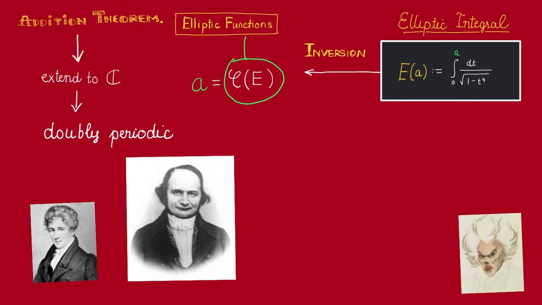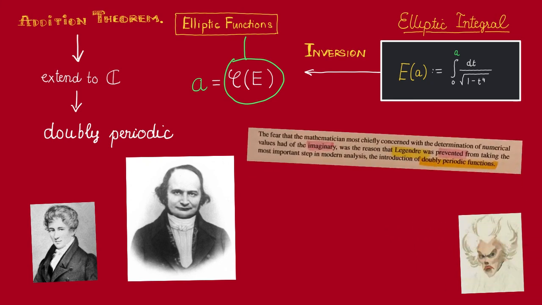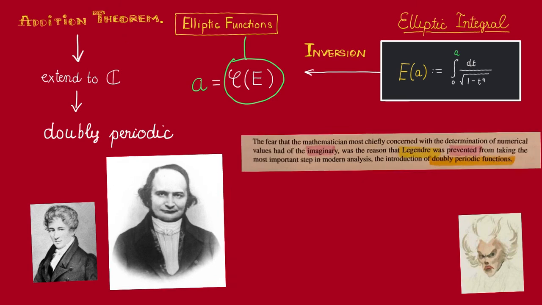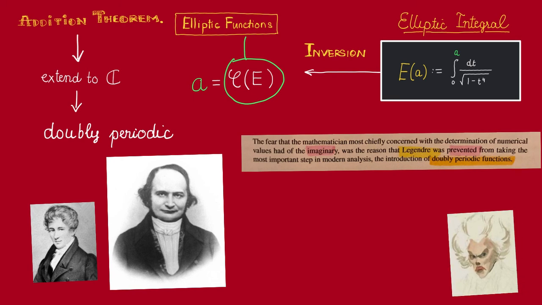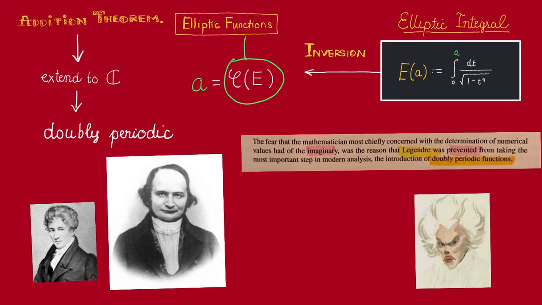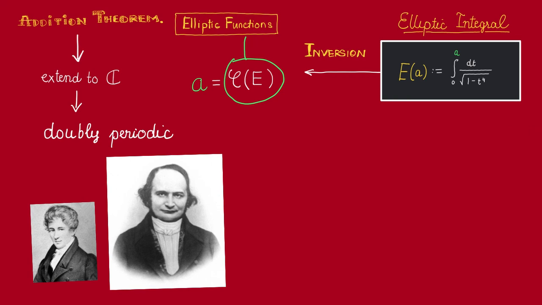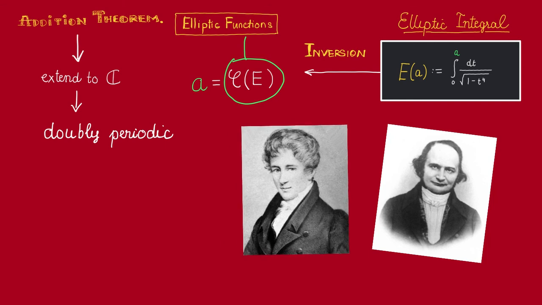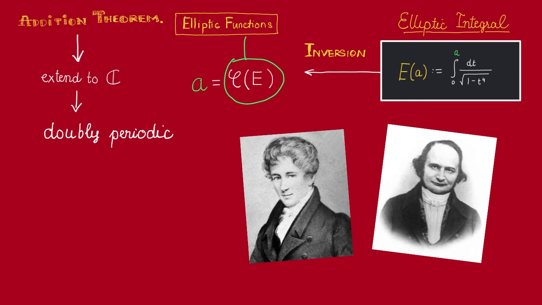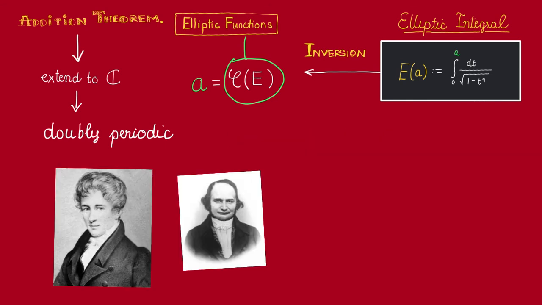Well, Jacobi seems to think that's due to Legendre's discomfort with complex numbers. Back then, complex analysis was only in its infancy, and many mathematicians, Legendre included, were hesitant to work with complex numbers. Actually, even Jacobi and Abel themselves have some trouble. Let's see what their difficulty is.